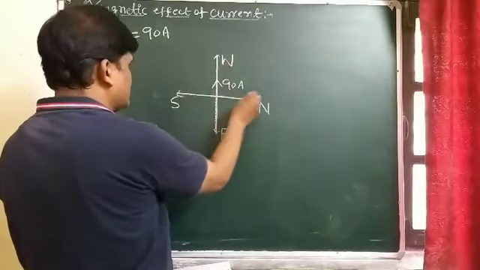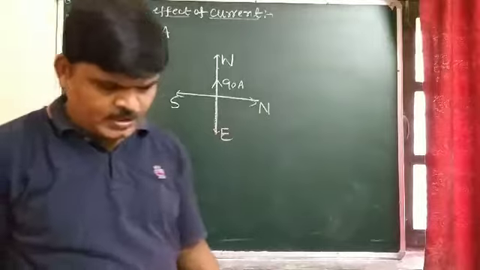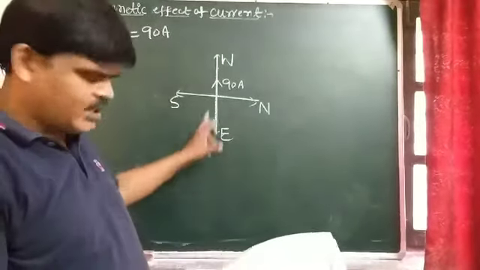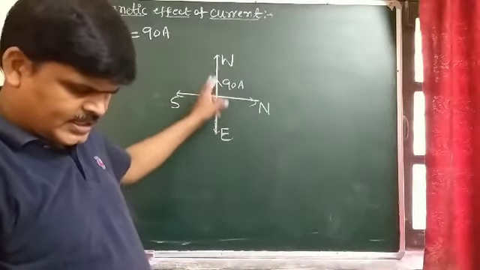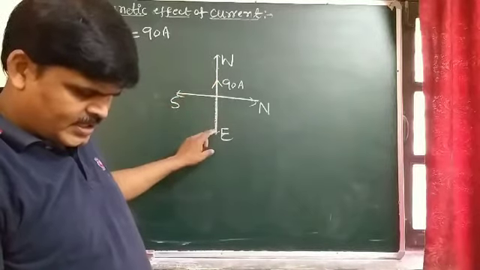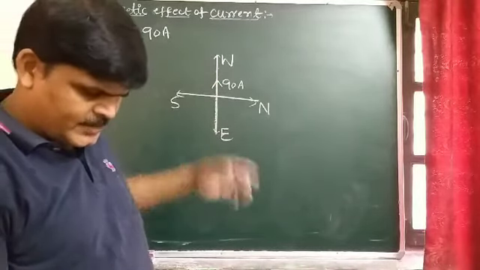A horizontal overhead power line carries a current of 90 ampere in east to west direction.